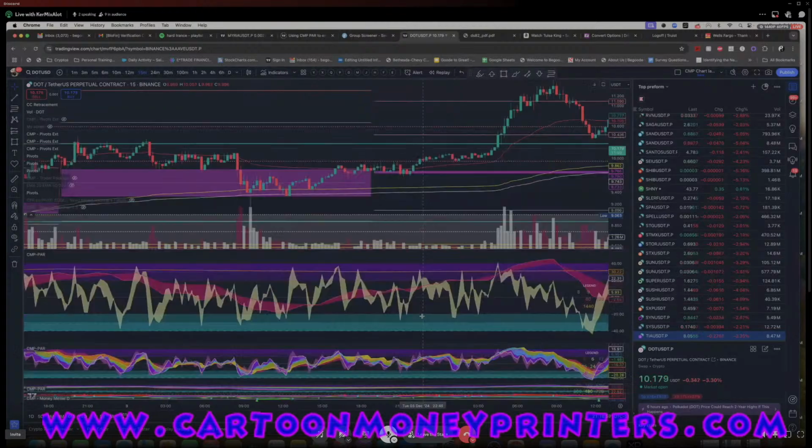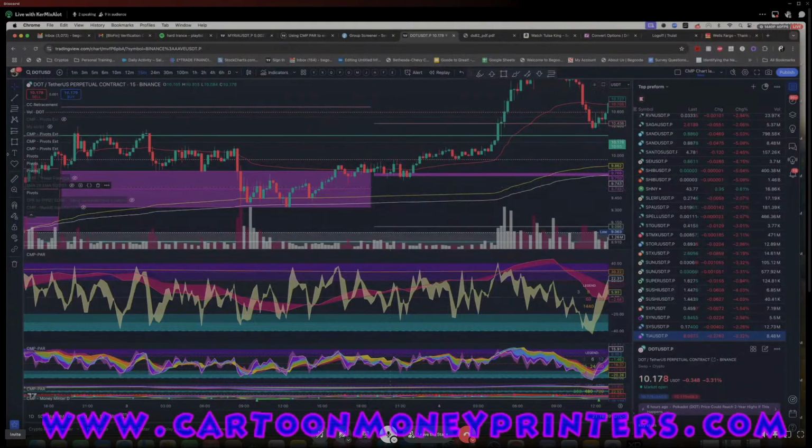So with DOT, here's a good example. That's the thing, I don't know where they're going to be. I could be sitting there tapping through for 10 minutes and not find one. But here, right here, you had a low touch, and then here is higher.